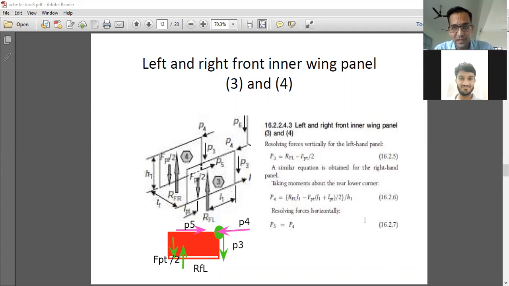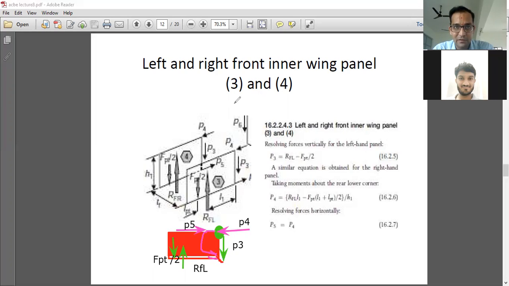Now, if I take moment about the rear lower corner, then what is going to happen? P4 is going to be multiplied with H1, where H1 is the height of the plate. So P4 multiplied by H1 is the first moment we are taking. Here it is mentioned, rear lower corner.